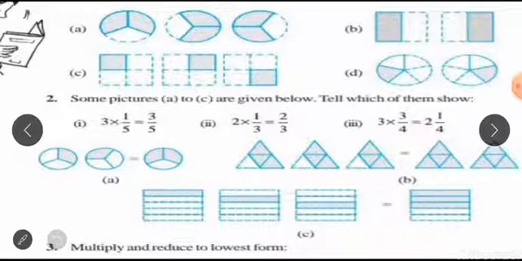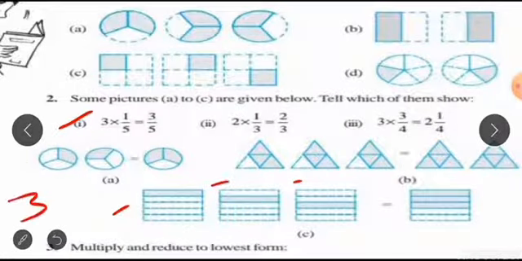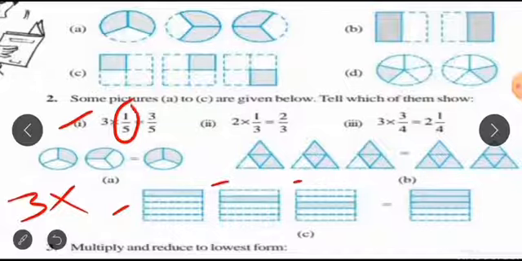What is given in the first part? 3 into 1/5, that will be equal to 3/5. It means we have to find the picture in which total pictures are 3. So if you look at these diagrams, 1, 2, 3, total pictures given are 3. So we can write down 3 into, and we have to check that its fractional value should be equal to 1/5.